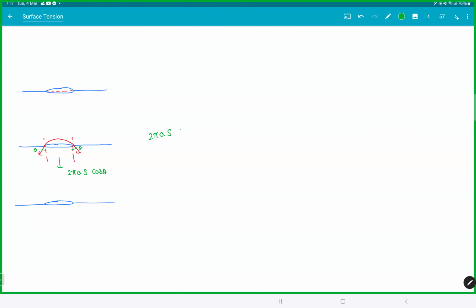The one stopping the liquid from entering inside is this 2 pi a s cos theta. It resists the liquid flow. As h increases, the contact angle changes. The contact angle decreases. Think about it. In the extreme case, what will happen? This will form a perfect sphere. In that case, the force will be exactly like this.